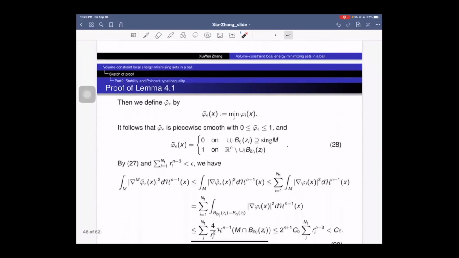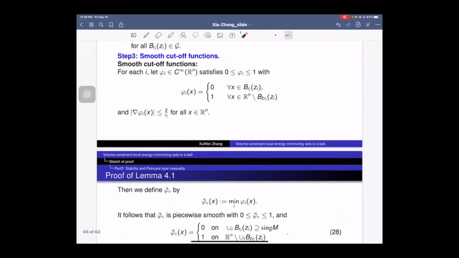And now we want to obtain smooth cutoff functions by gathering these smooth cutoff functions together.